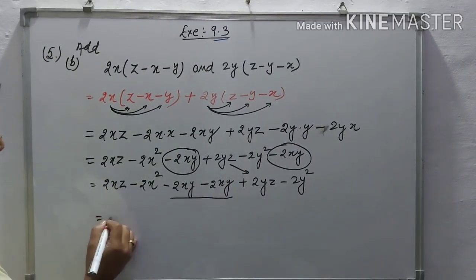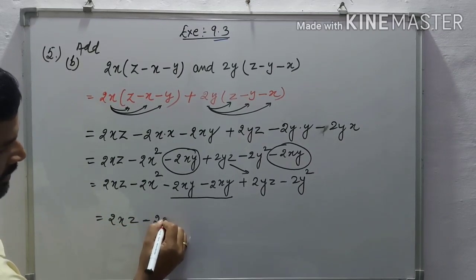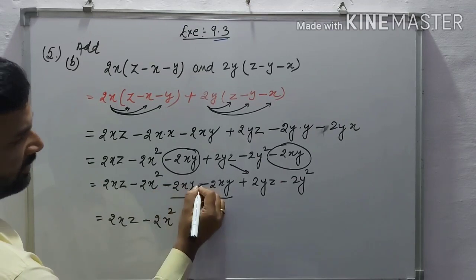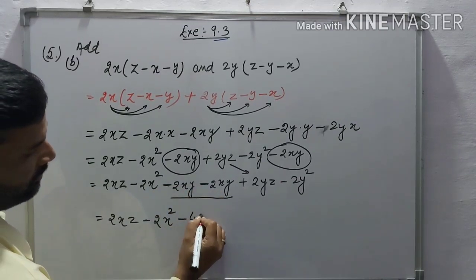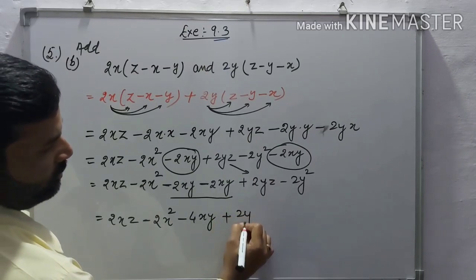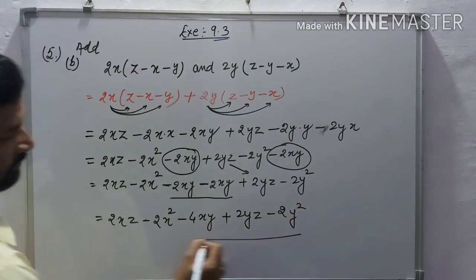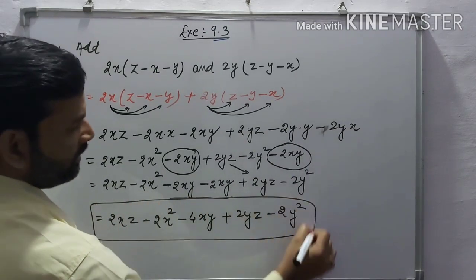So that 2xz minus 2x square, that minus and minus means minus 4xy plus 2yz minus 2y square. This is the answer.